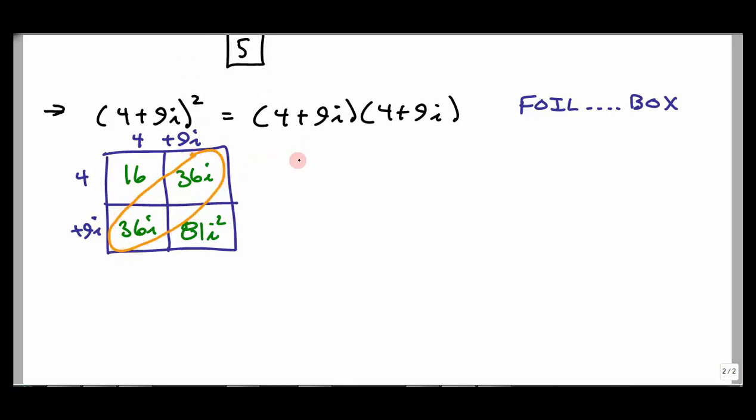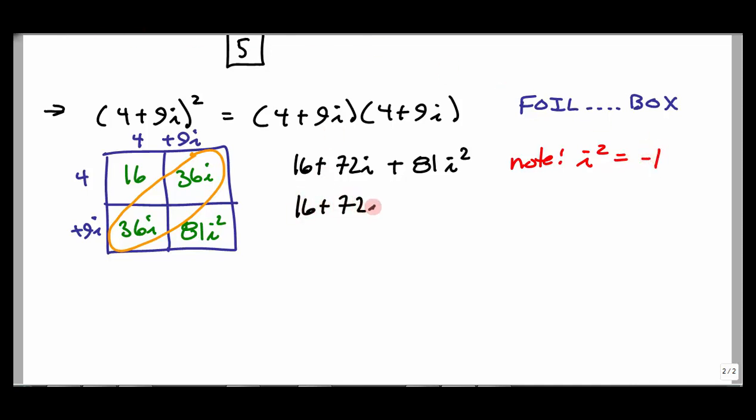So when I write this out, I have 16. 36 plus 36 is 72i plus 81i squared. Well, there's that i squared again. i squared is -1. So I should be able to just simplify this. Now the i is just i, I can't do anything to break that down any further. So here I have 16 plus 72i minus 81.